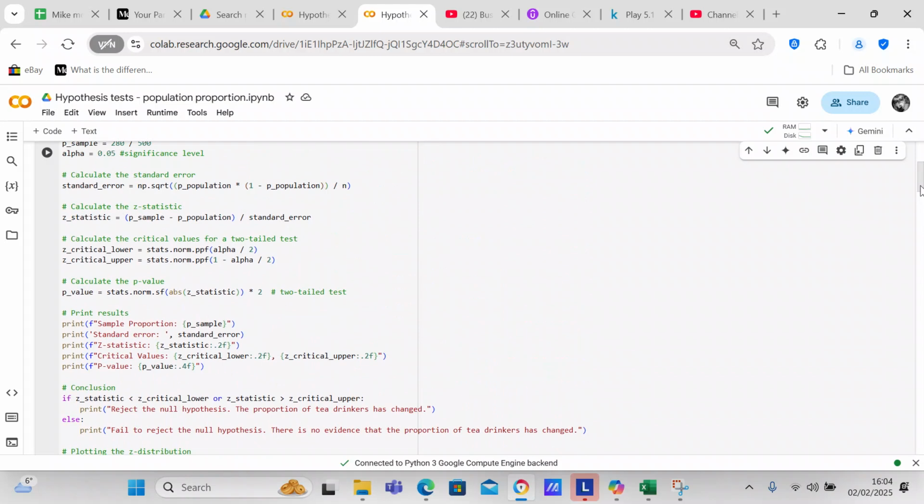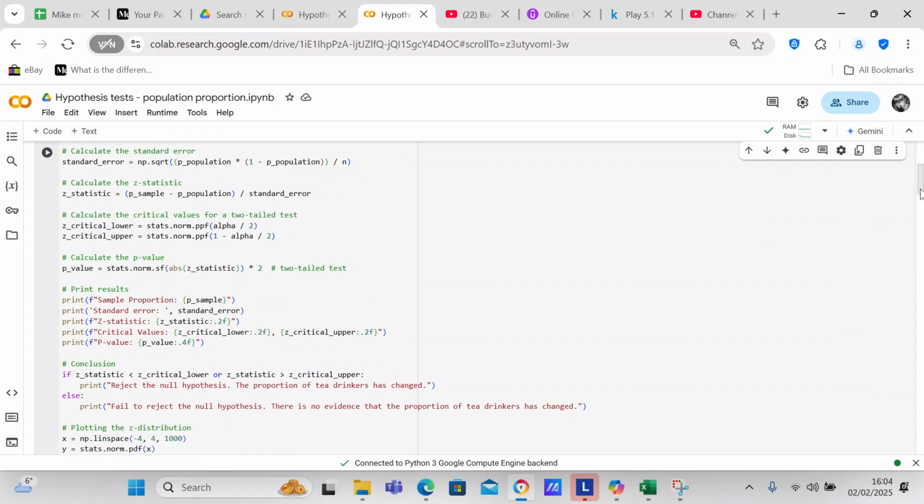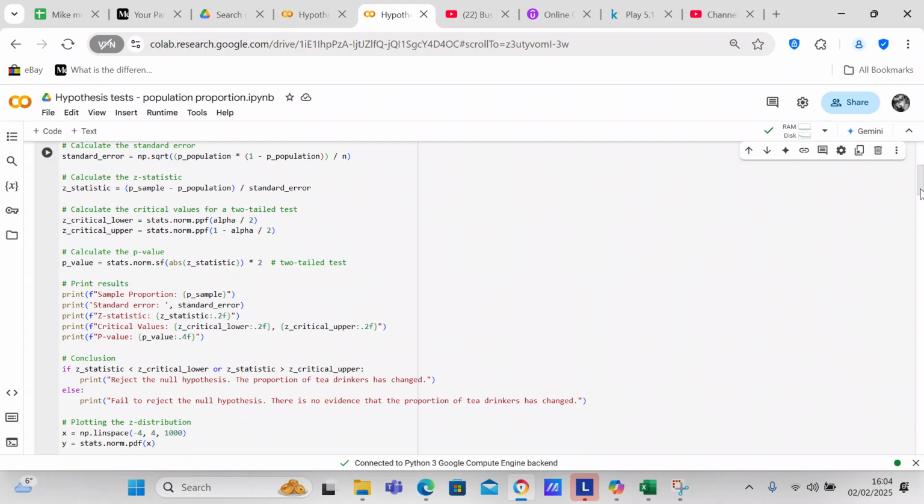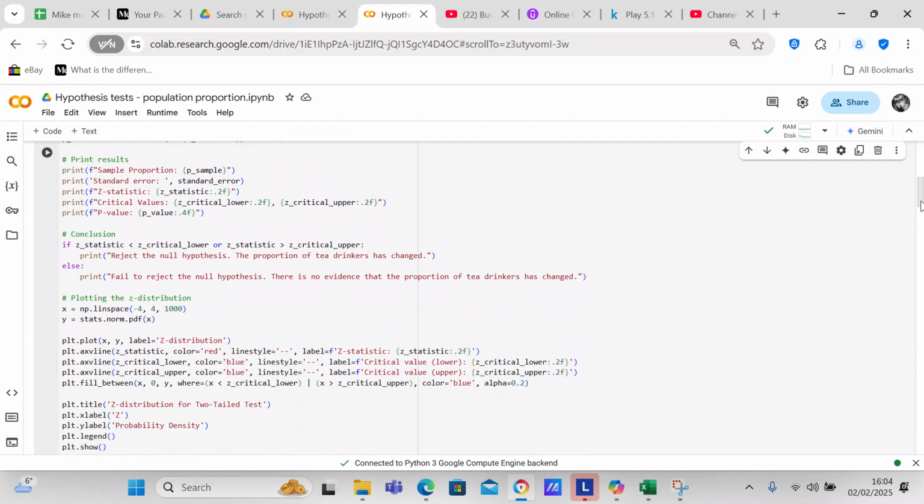Now we're going to calculate the p-value. The p-value equals stats.norm.sf of the abs, that's absolute value, of the z-statistic, times 2. That's your p-value, and your p-value is your probability. Then you print the results: the sample, the standard error, the z-statistic, the z-critical lower and upper, and the p-value.